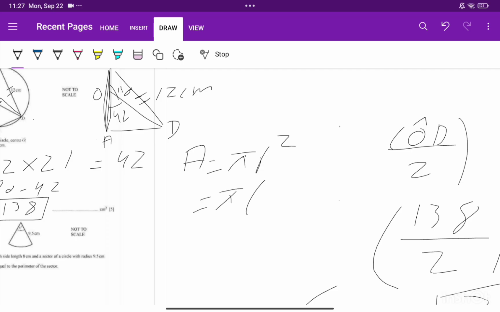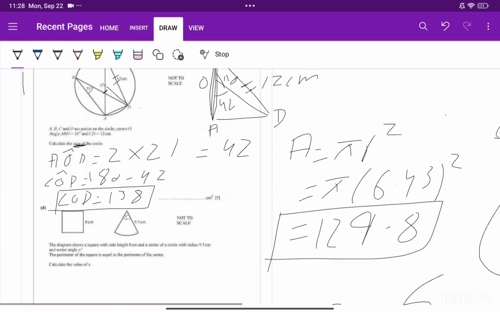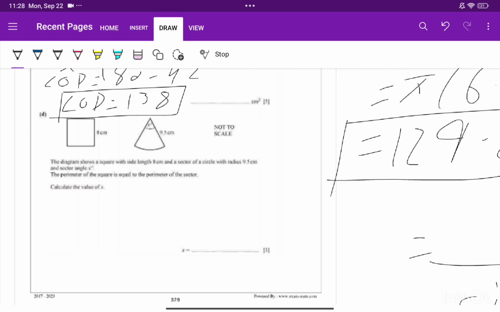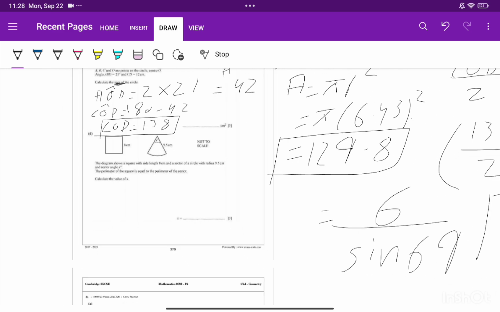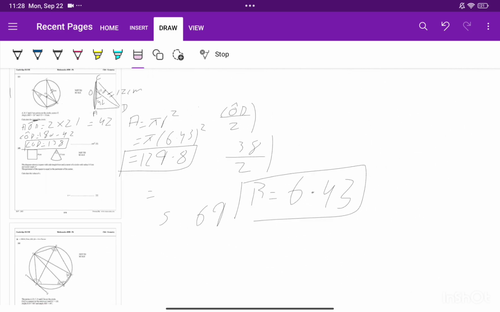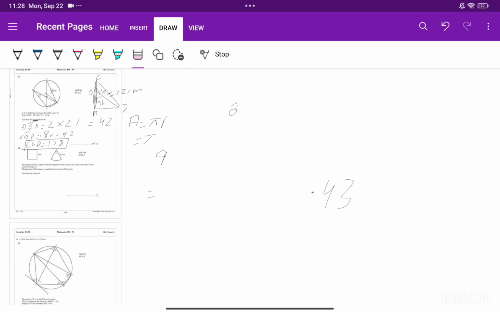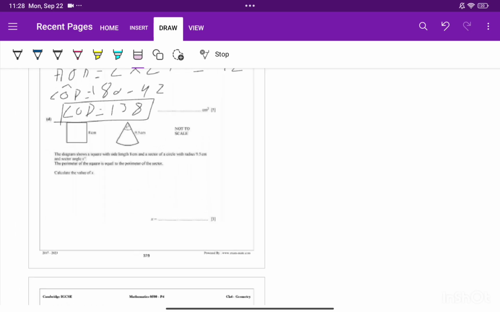So pi 6.43 square. So answer will be, let's do in calculator, 129.8. So this is our answer for part C. Now let's do part D. Okay, first we should clean this all up.